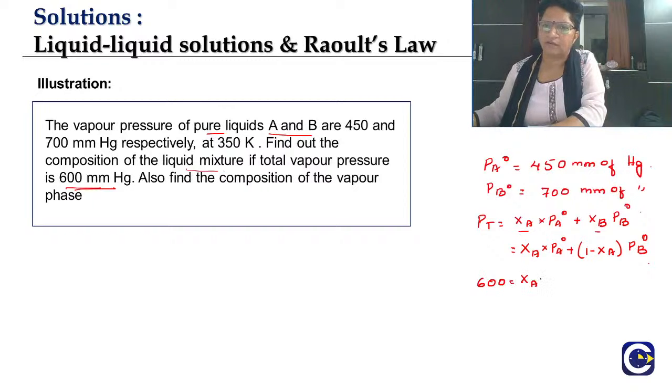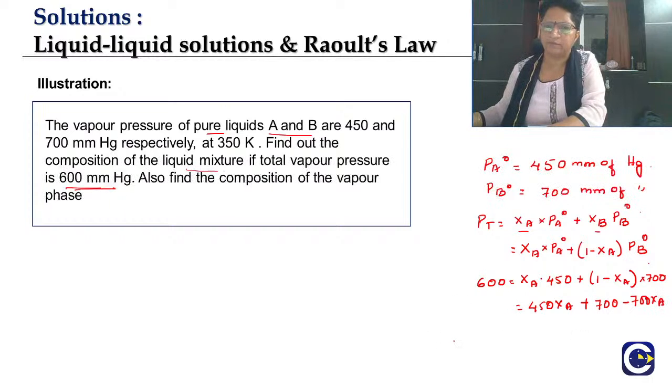XA. We did this question last time, right? Look at the calculation. 600 equals XA into 450 plus 1 minus XA into 700. So 450 XA plus 700 minus 700 XA.